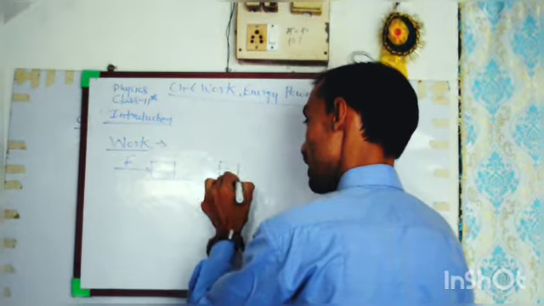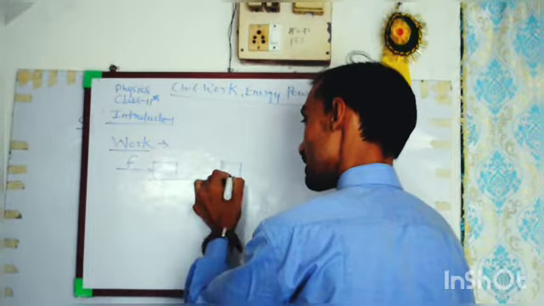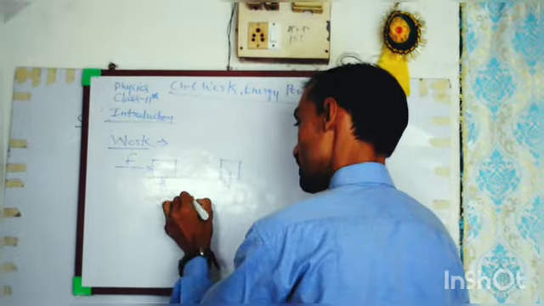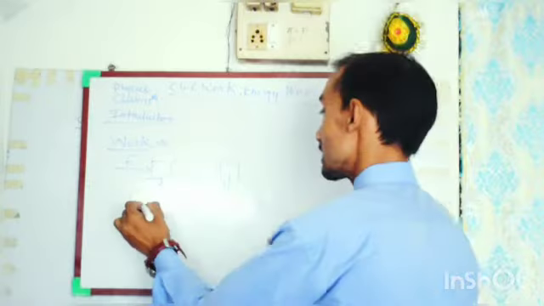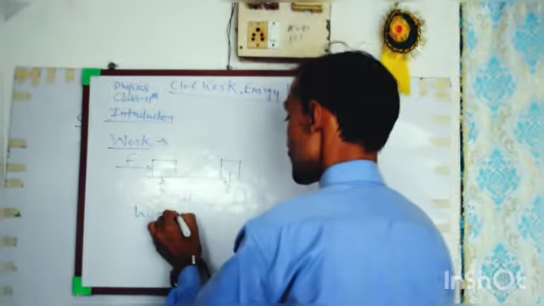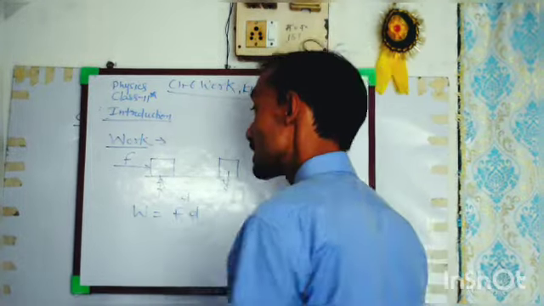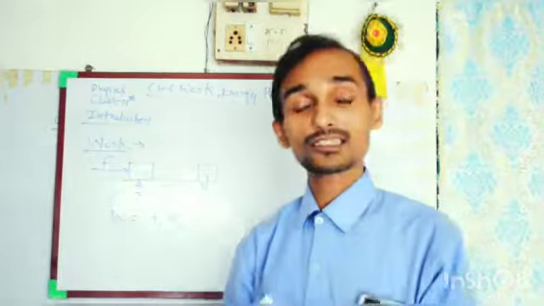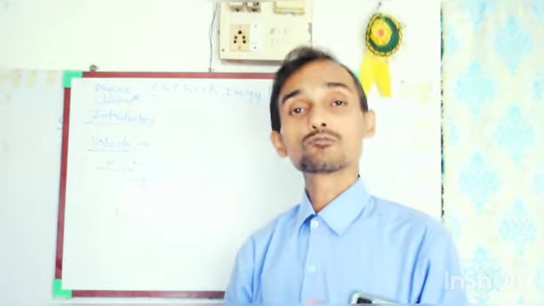This object will move from A to B, and the displacement is D. So work will be F into D. It means that when we apply a force on the object and the object is displaced from its position, there will be work.